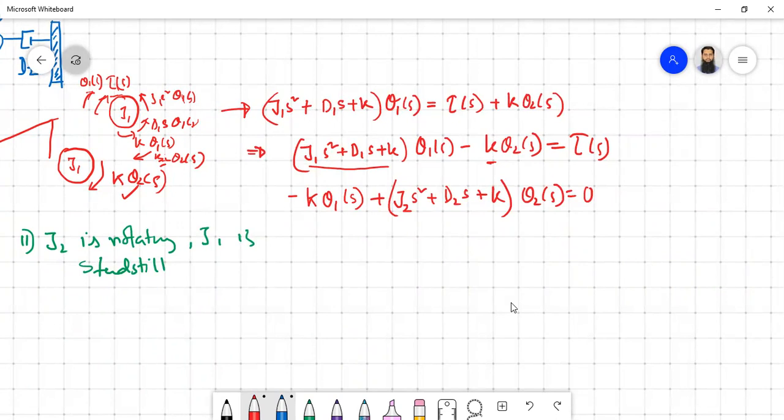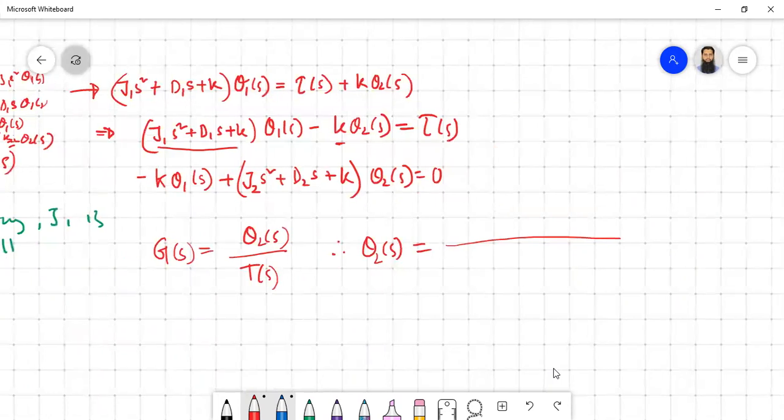And also now you can apply the Cramer's rule. So if somebody asks you to find out the transfer function G(s), which is given as theta 2(s) by T(s), in that case you have to find out theta 2(s) from the Cramer's rule, the easiest one.